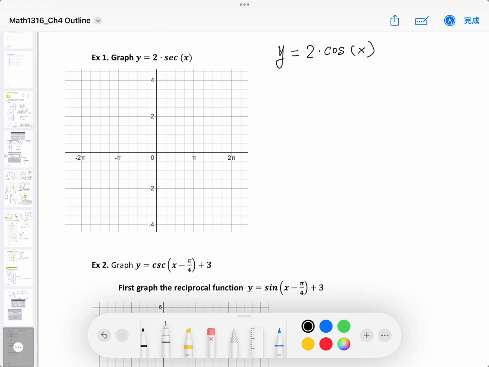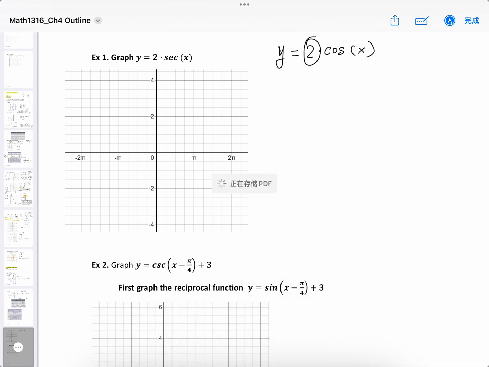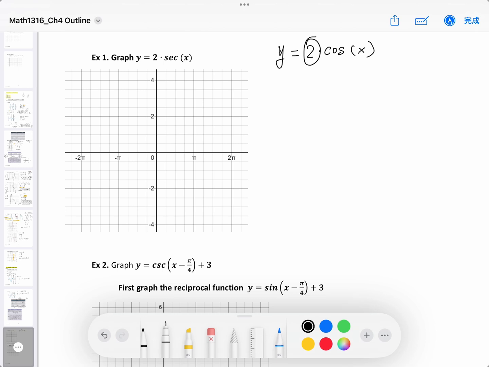So how to graph 2 times cosine? We say bump to bump, and the 2 means vertical stretching 2 times. The mother function goes from bump 1, 0, and -1, and 0, +1. So this is the function of cosine.